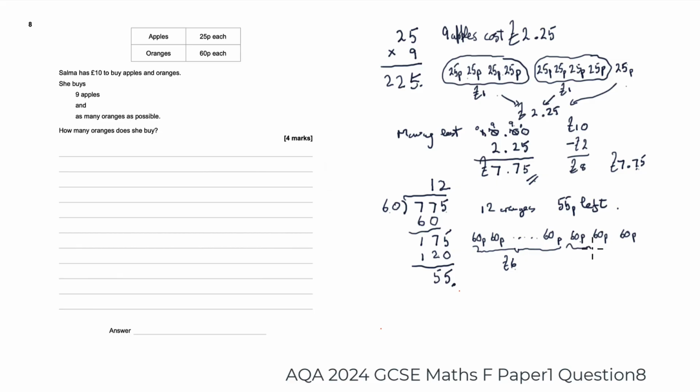So there's £1.20 from another 2. So that gives us a total of £7.20 she can spend buying 10 plus 2, 12 oranges.